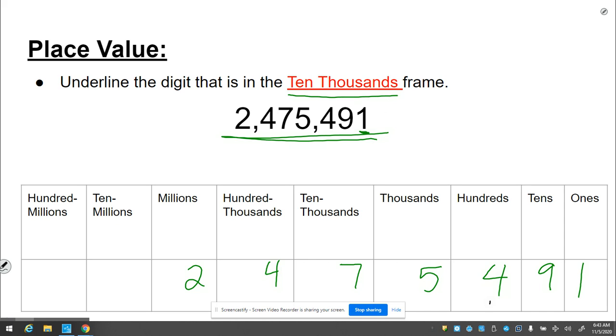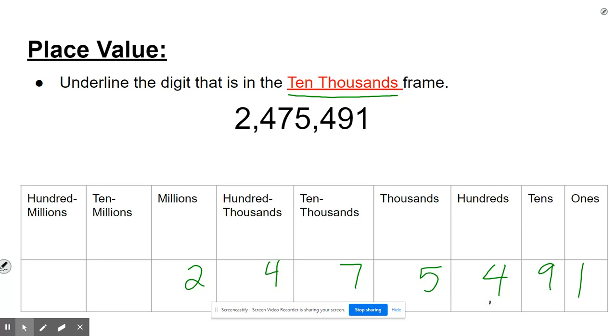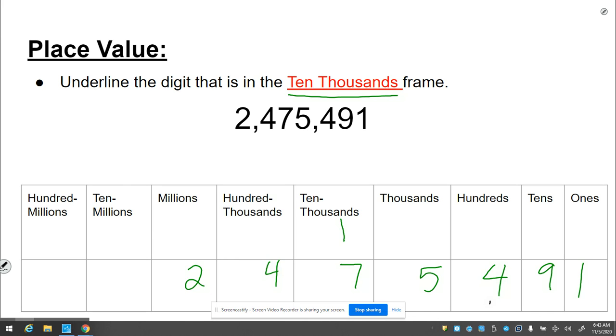So if we look at our place value chart, what digit's in the 10,000s frame? I see 7 is in the 10,000s frame. So I will underline the 7 because the 7 is in our 10,000s frame.